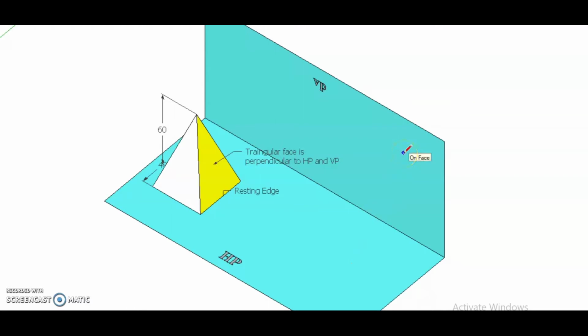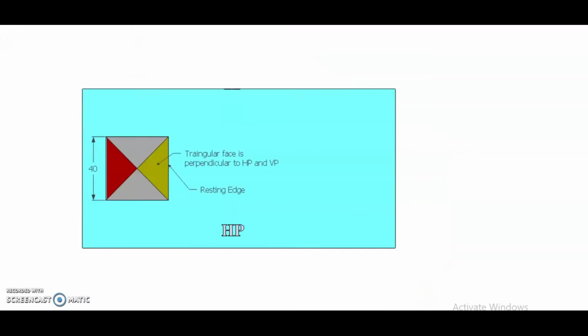Now in this position, this triangular face is perpendicular to VP, but it is inclined to HP. So for the initial condition, assume that this bottom base is fully resting on HP. This base edge or resting edge should be perpendicular to VP. Initially we have to draw its top view, then we have to draw its front view.